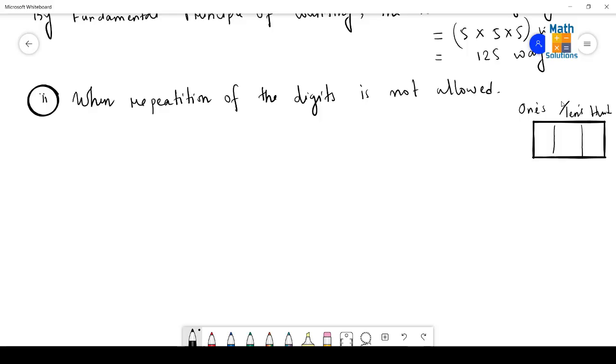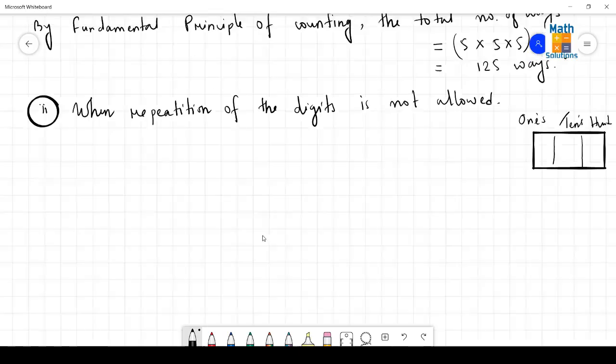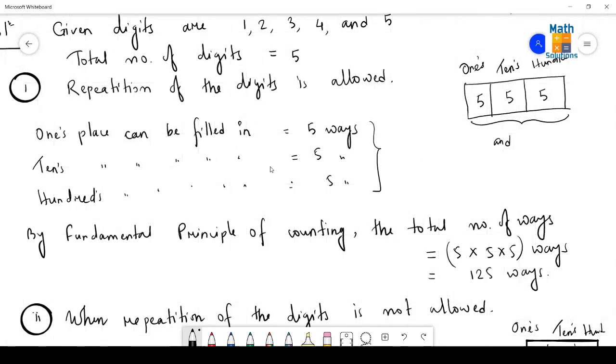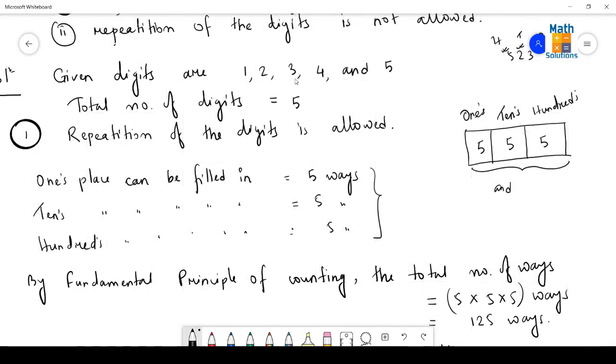So here in this case, of course we are having 5 options left in our hand. The digits are given to be 1, 2, 3, 4 and 5, as we had considered earlier. Then the total number of digits is 5. So we are having 5 options in our hand.